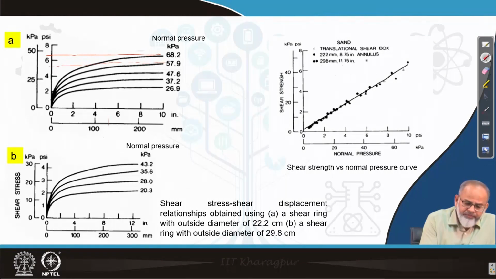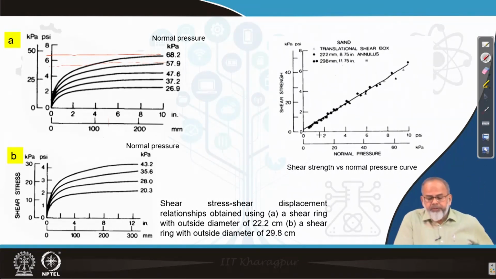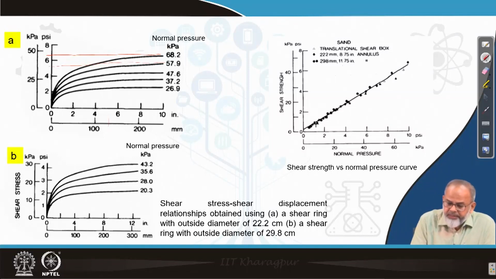So if I take those maximum values and plot them with respect to normal pressure, what you can observe is the curve on the right side. These points represent the maximum shear stress and the corresponding normal pressure.